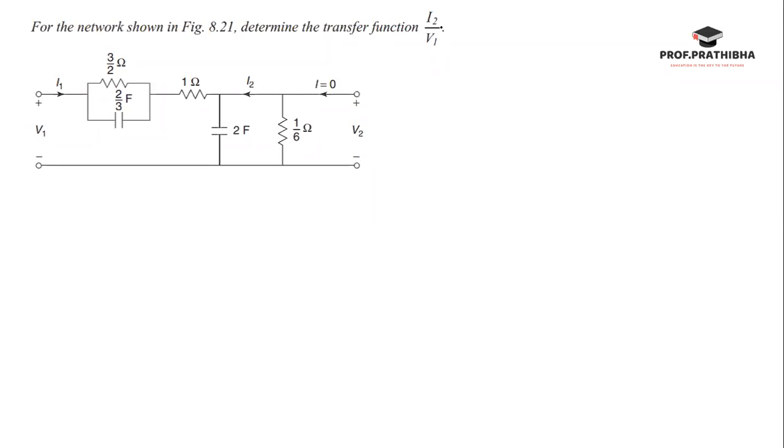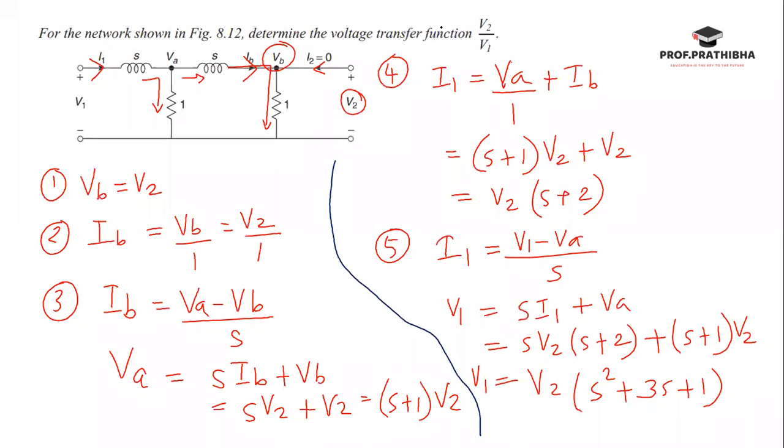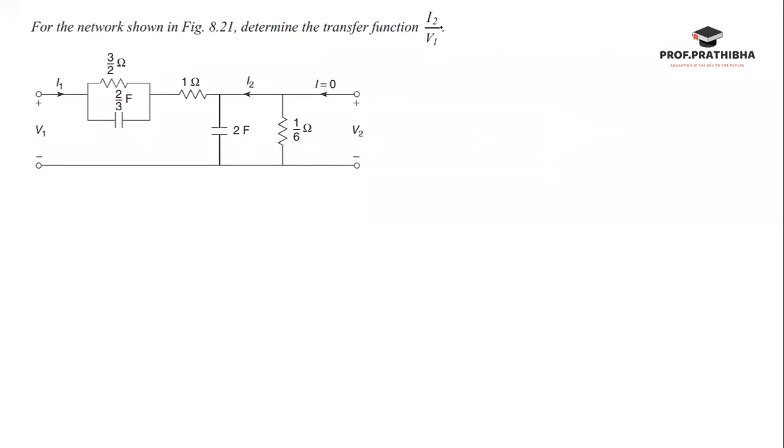V अपॉन I इम्पिडेंस है और I अपॉन V एडमिटेंस है. So we will obviously tell you what kind of function we want, whether we want this kind of function or we want like in the previous case we saw V2 upon V1, or we want a combination of some current from somewhere and V1 from somewhere else.